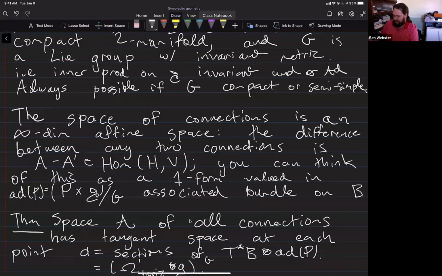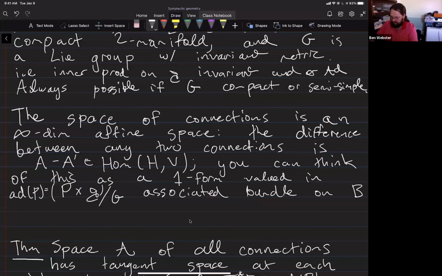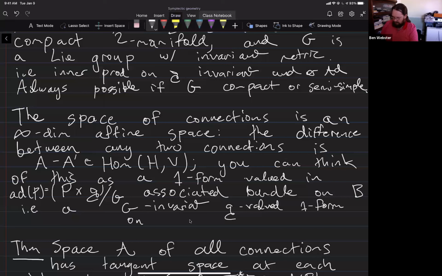If you want to think about this downstairs on B, you can think of it as a one form valued in one of these associated bundles. So you take the principal bundle and look at the associated bundle for the adjoint representation of G. This is a useful thing to think about because this corresponds to G invariant stuff upstairs, i.e. a G invariant G valued one form, which is horizontal.